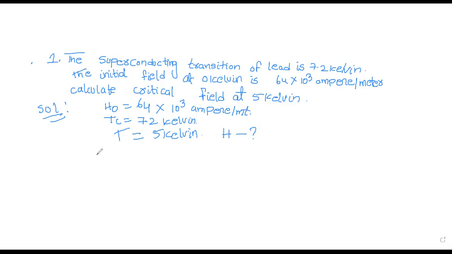The formula is H equals H naught times the quantity 1 minus T by Tc, in brackets, squared, as in the last class. Now we calculate this H value.